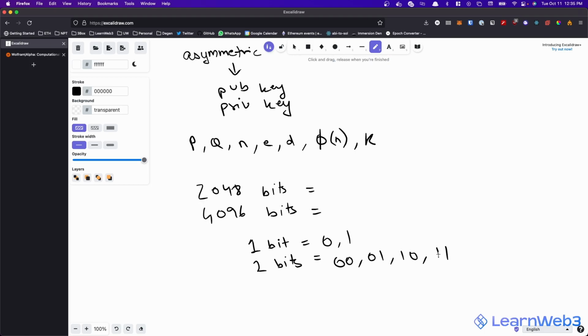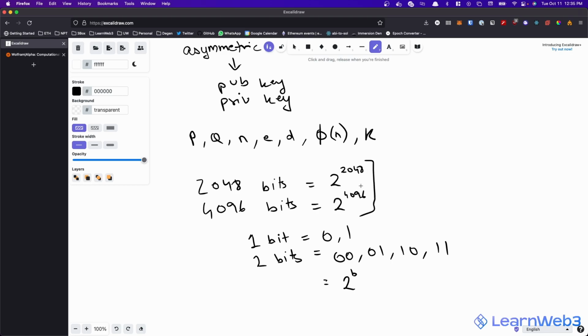Specifically, you can represent 2 to the power of the number of bits. So when we talk about 2048 bits, the largest number possible there is 2 to the power 2048, and 2 to the power 4096 over here, which are really, really, really large numbers.